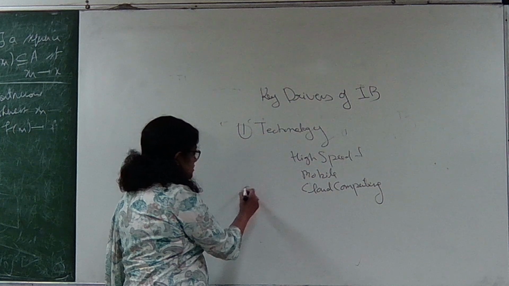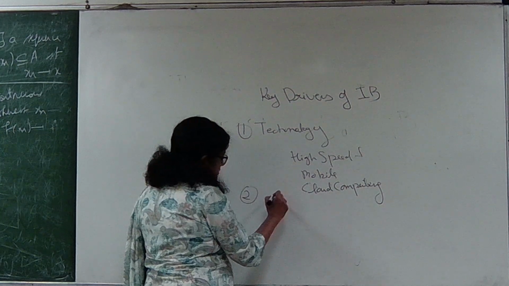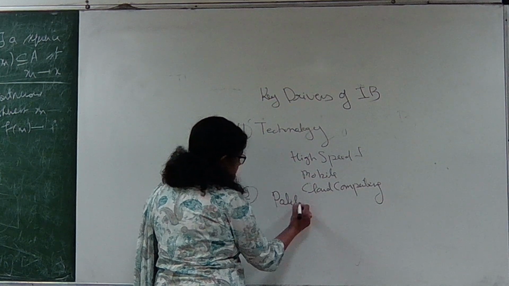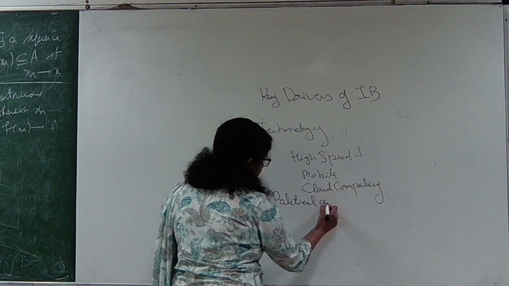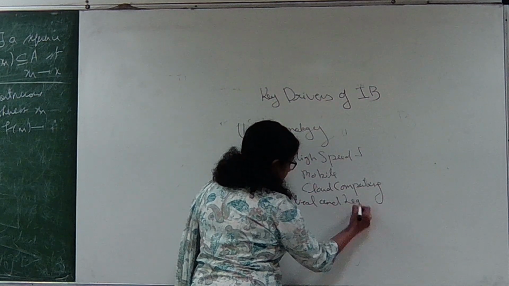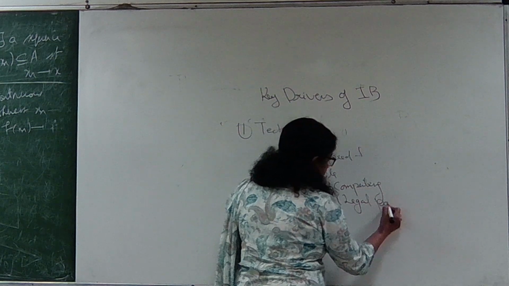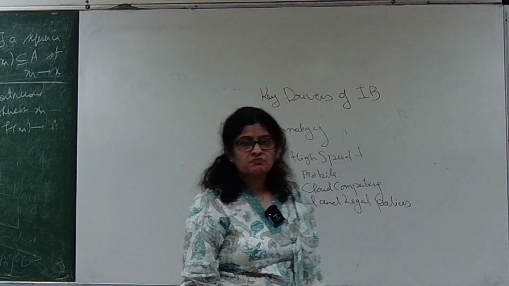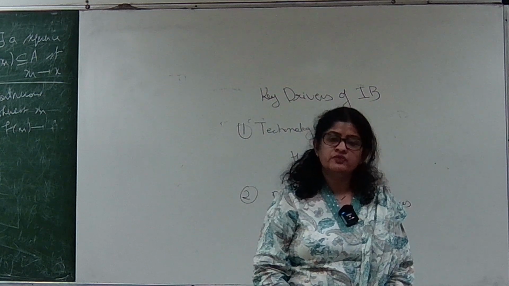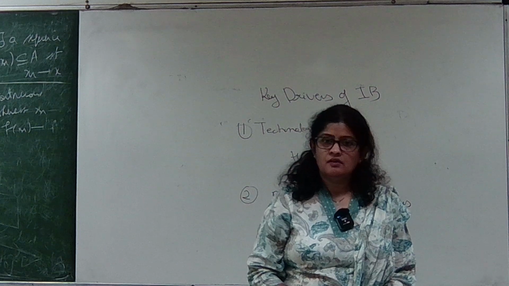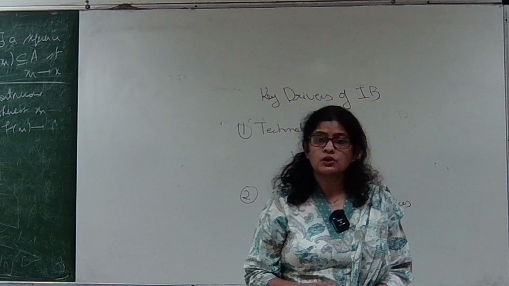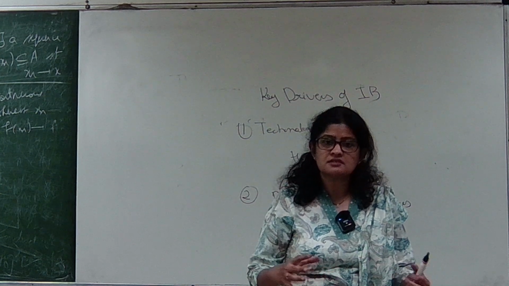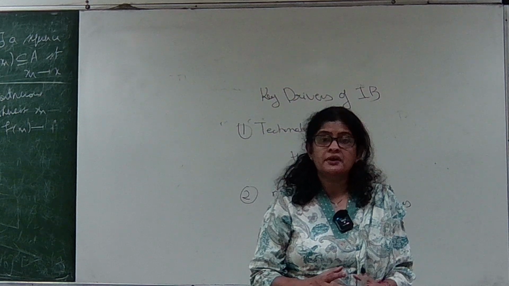Apart from technology, the political and legal policies. See, the world is providing some rules and regulations on a global level, so that different countries come on the same platform and operate smoothly.